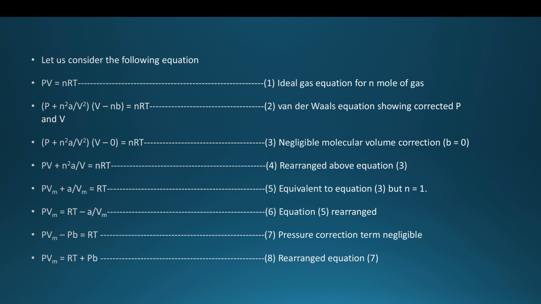Equation 5 is similar to equation 3, with the only difference it is for 1 mole. Equation 6 is equation 5 rearranged. Equation 7 is pressure correction term negligible. And equation 8 is rearranged form of equation 7.